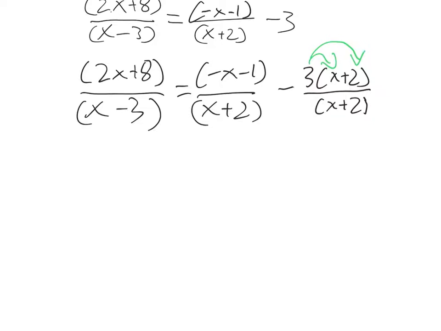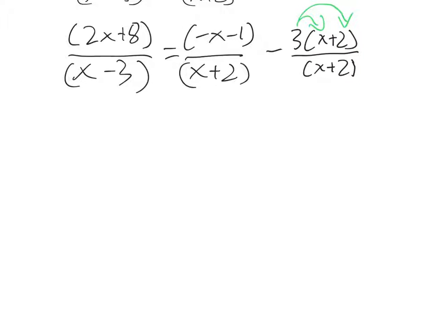All right, so let's see how that's going to look. On the left side, nothing has changed, so I'm just going to copy that down again, 2x plus 8 over x minus 3.